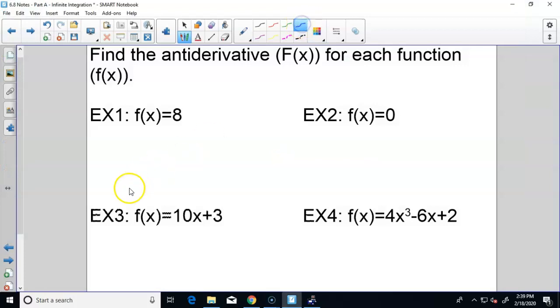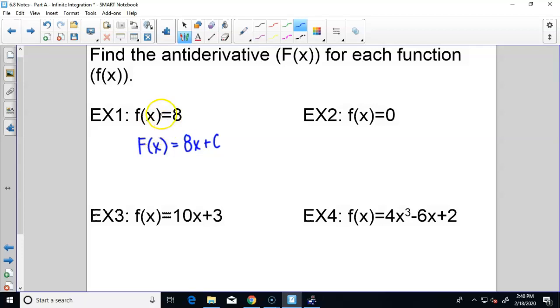So let's look. What did you guys get for your capital F of x for number 1? 8x, and we're going to put a plus c on the end because there could be any constant there. Oh, sorry. I love that frozen feature, but I forget about it a lot of times.